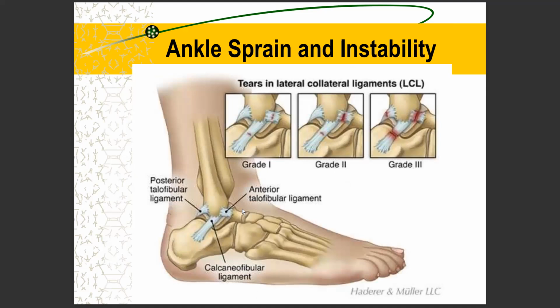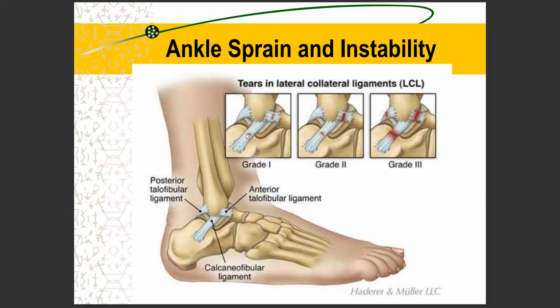Then there is a high chance of a sprain of these lateral ligaments. The mechanism of this injury is inversion at the subtalar joint, due to which there is overstretching of these lateral ligaments, which leads to the rupture or sprain of these ligaments.